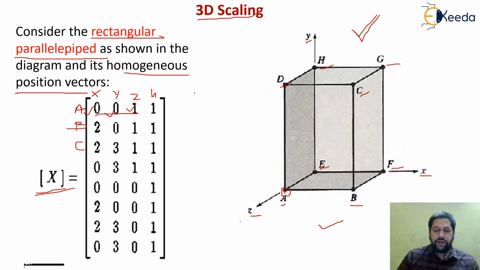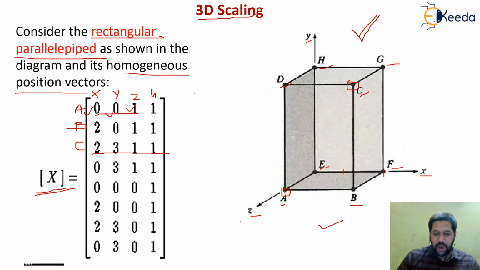Let us take one more example, the representation of the c point. What is the x value? The x value is 2. So in the x representation, this is 1 and this is 2. What is my y value? It is 3.